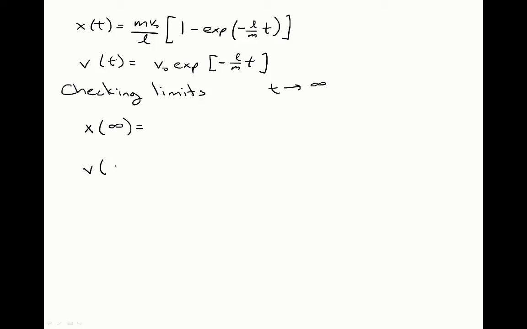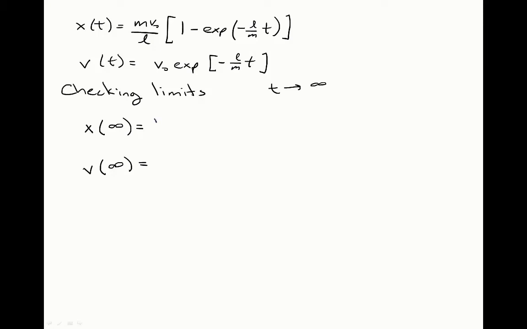Velocity, when time equals infinity, equals what? Technically, you should be using limit notation. But because we are being physicists who just want to see what our equation does, I'm not going to worry about it. So go ahead and try to think about what these equations equal when time equals infinity. If you're not sure what I mean, just go ahead and press play and watch me do it. But I think you can give this a pretty good thought of what happens when time gets very, very large.